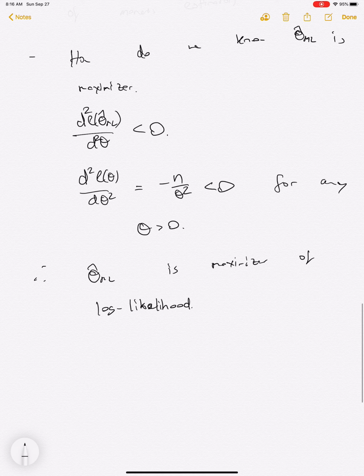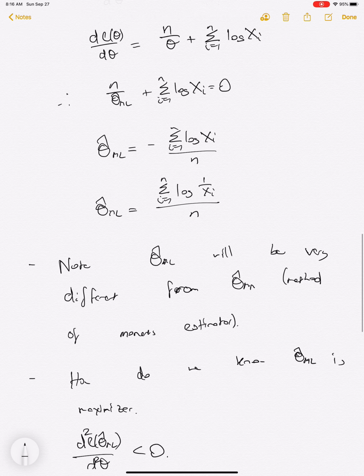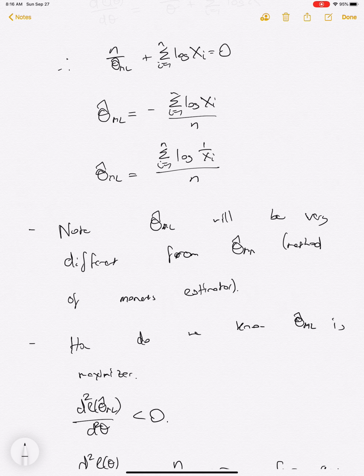Okay, as I mentioned, we saw many examples where the maximum likelihood estimator was very similar to the method of moments, or the same, in fact. But in this case, they're very different because this is really like an average of logs rather than the overall average.